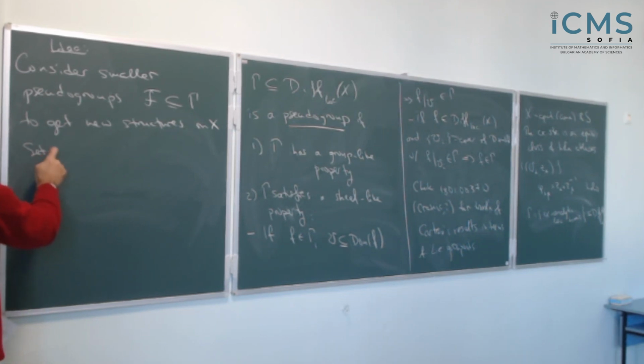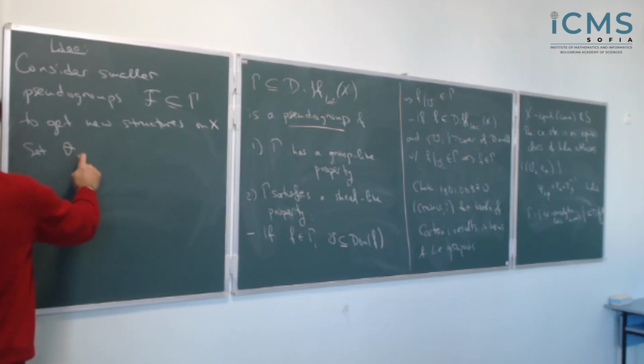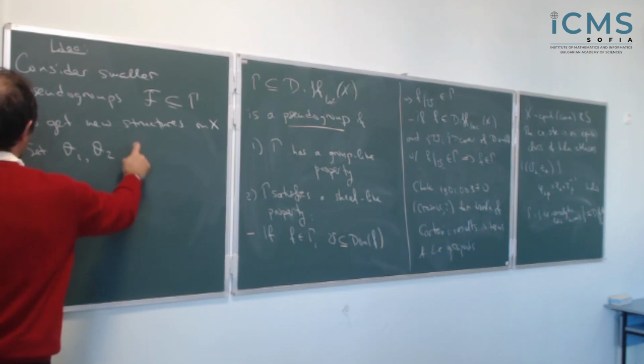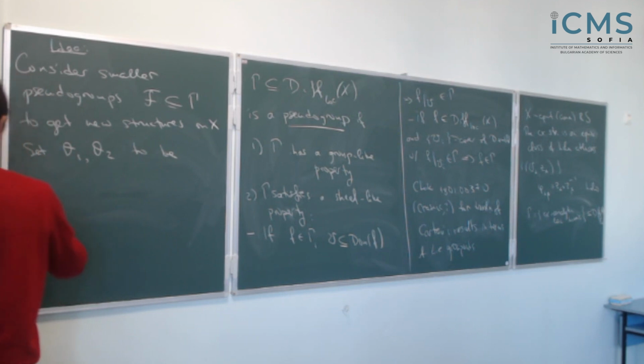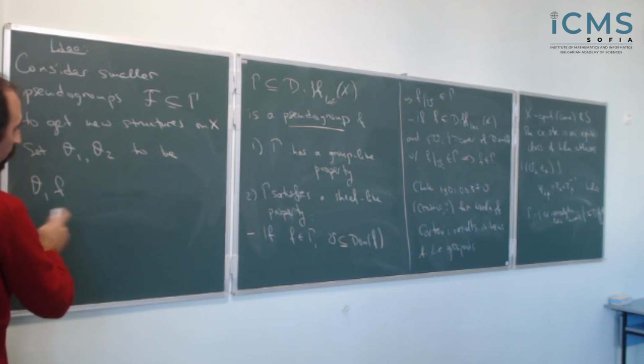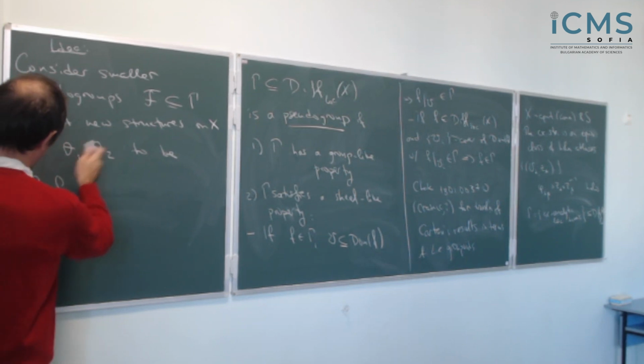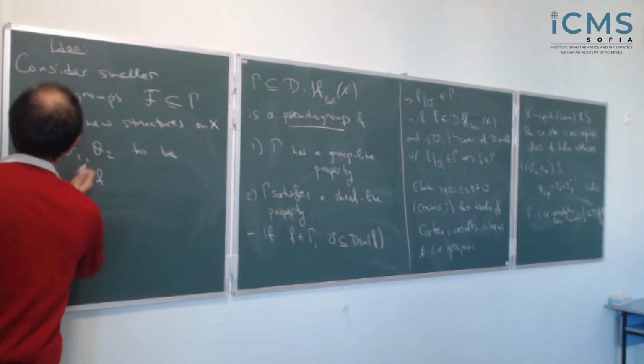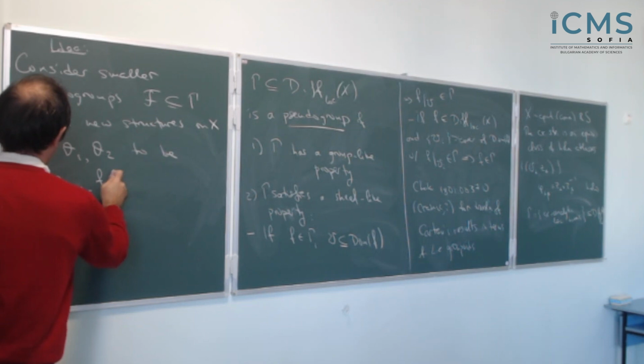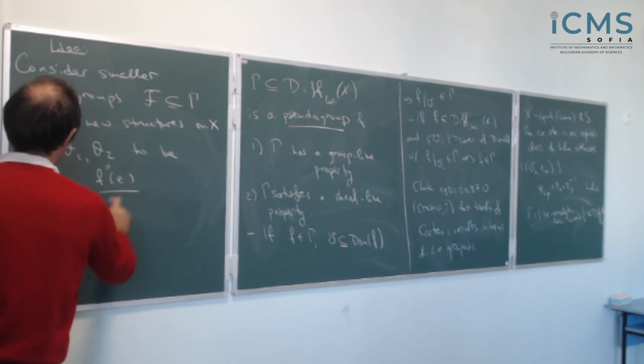Set, which are very simple, theta 1 and theta 2. Theta 1 of my function would be essentially the logarithmic derivative of f, so f double prime over f prime.